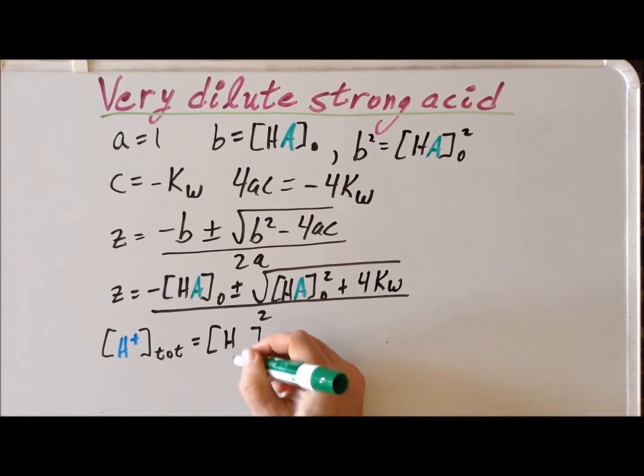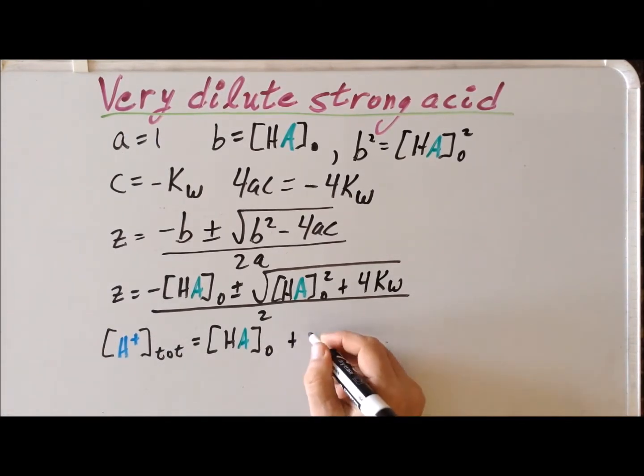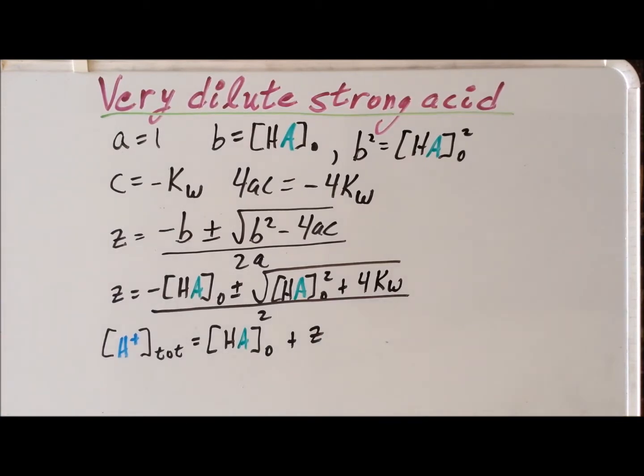So that's our concentration of our strong acid at the very beginning, plus Z. So now we simply substitute our expression for Z into our expression for the total concentration of H plus, which admittedly will look a little confusing at first.